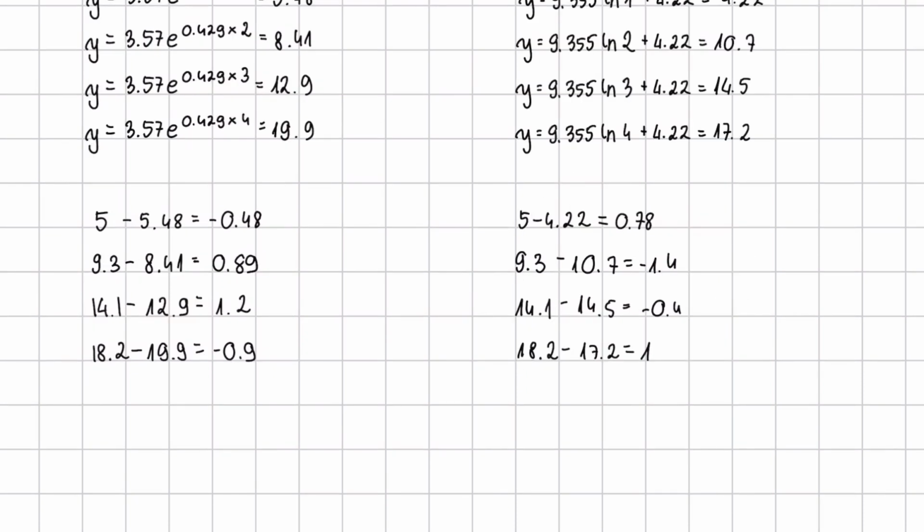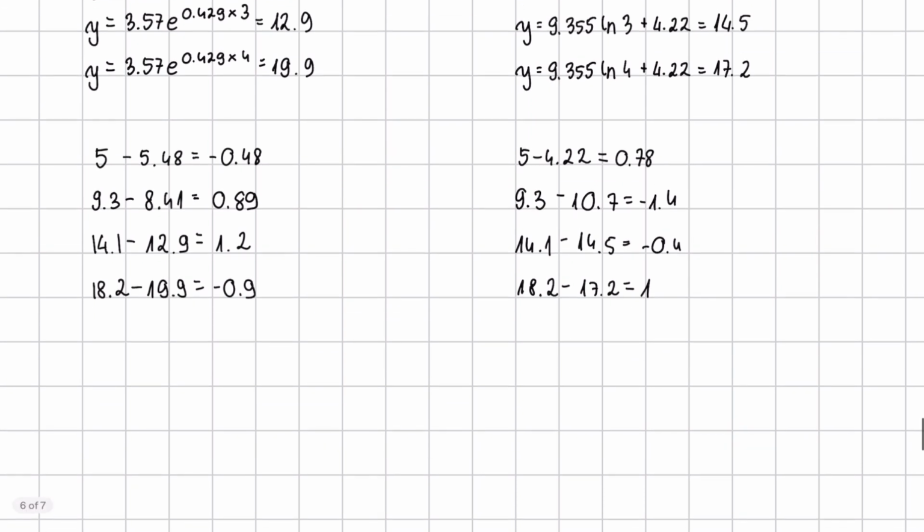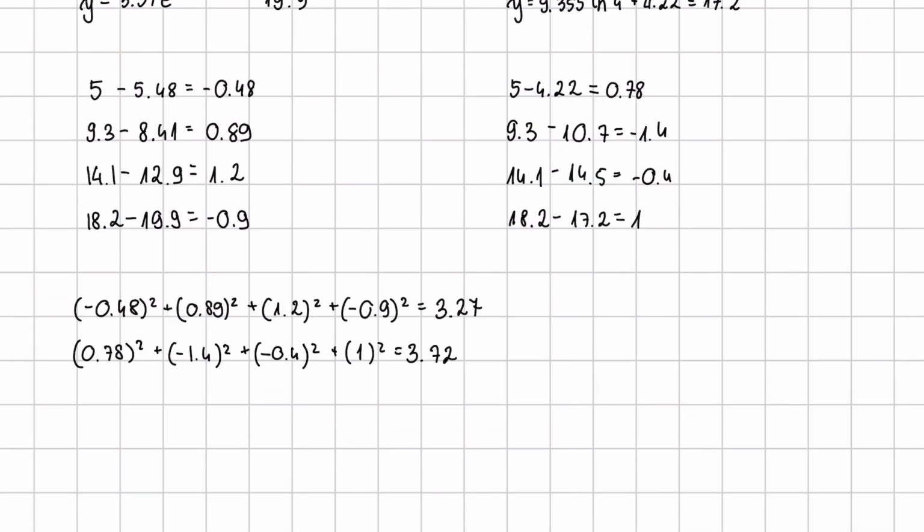So these are our answers, the differences between actual and predicted value, and now we have to raise to the second power every difference and then add them, but firstly for the first function and secondly for the second function. So these are our answers after calculating residuals. So we can observe that the first model, our exponential model, has a much smaller value, so it fits better. So we're choosing exponential model.